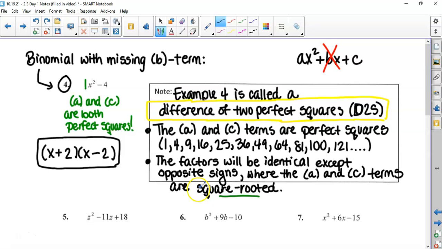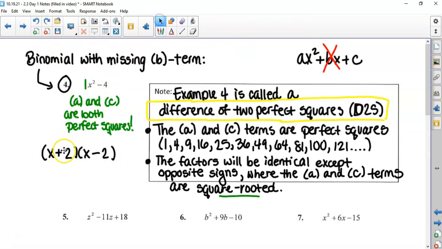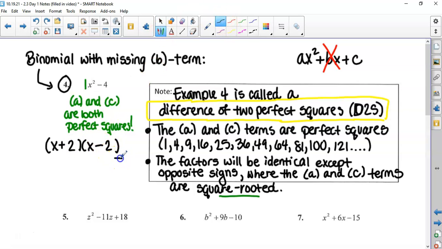X plus 2 times x minus 2. Let me put one more here for an example. Make that box a little smaller so I can fit another example here. There we go. I'm going to change the color so it stands out. I'm going to put it in purple. Here's another example.